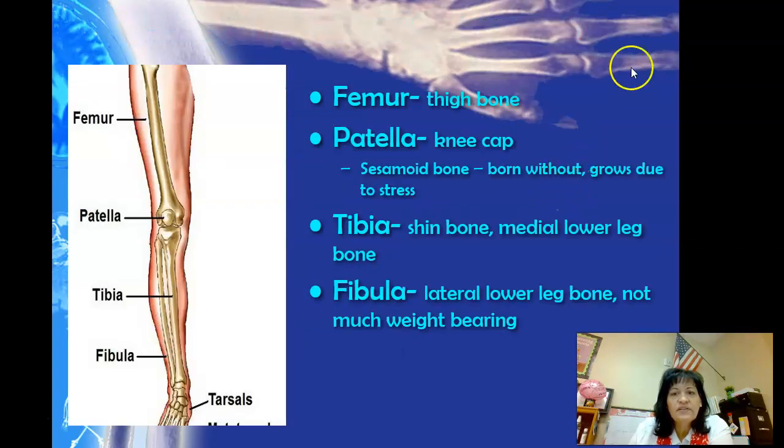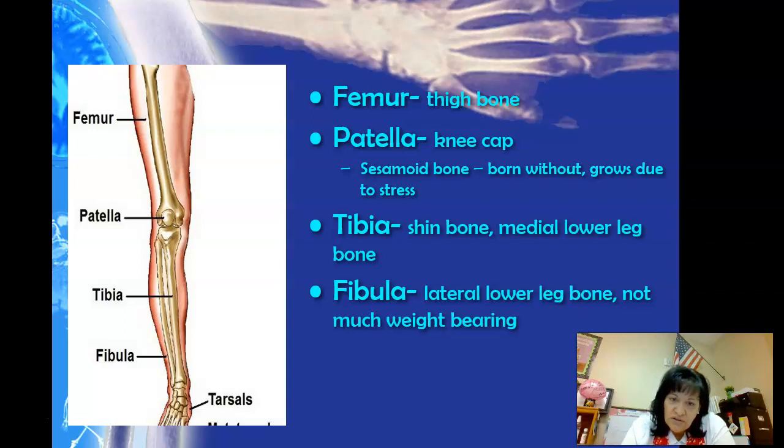Okay, so now the bones of the legs. We have the femur, which is the thigh bone, the patella, which is the kneecap. Remember, we don't have it when we're born. It grows through stress. Then we have the tibia and fibula. And how I remember which one is which is I remember the femur is the largest bone in the body, and that's in the thigh.